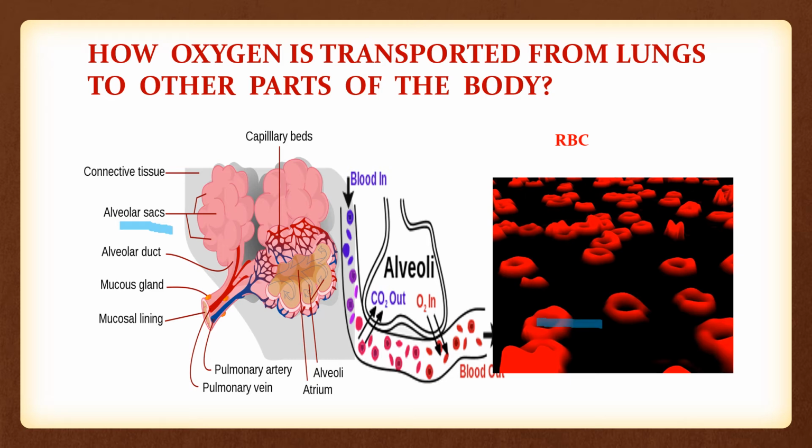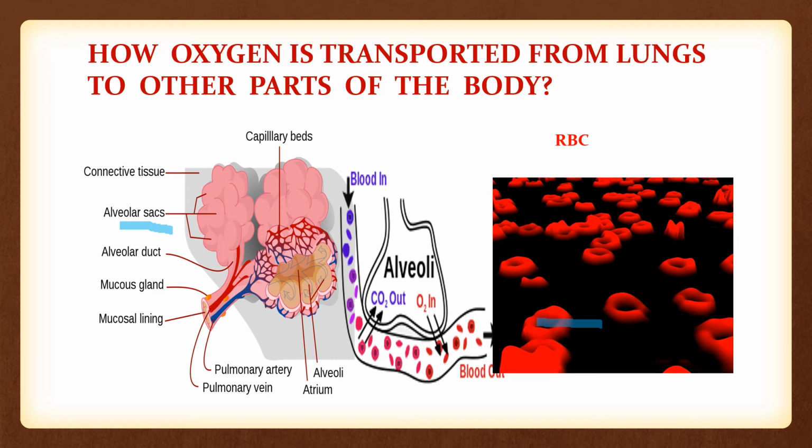Blood is red colored due to the presence of hemoglobin. Hemoglobin transports oxygen to different parts of the body. It also picks up some of the carbon dioxide produced in the cells during cellular respiration and transports it to the lungs for expiration. Thus, hemoglobin acts as a respiratory carrier in our body.